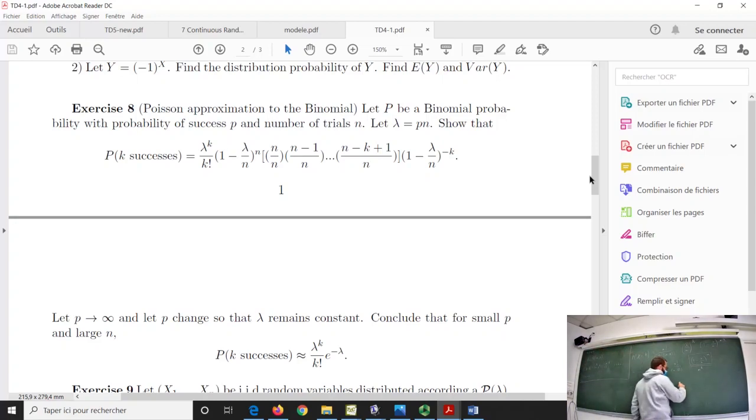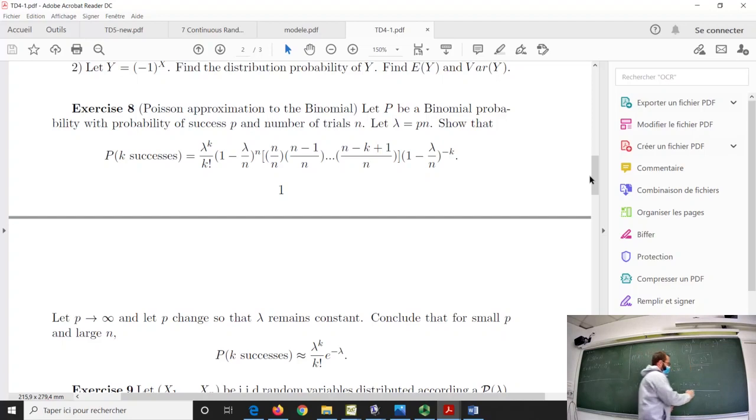So at the end, I obtain n factorial over n minus k factorial. Let's write it. It's n times n minus 1, n minus 2 until 1, divided by n minus k times 1.